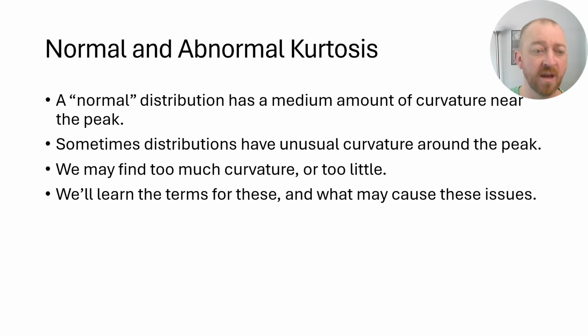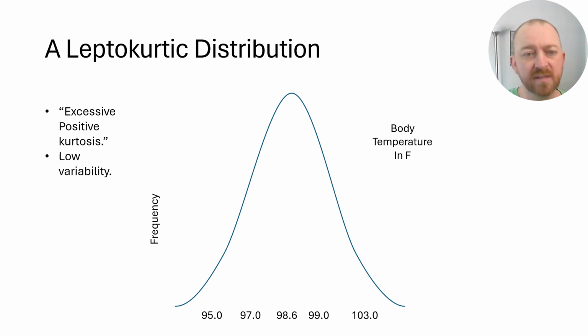First, let's look at an overly curved distribution. This is a distribution with too much curvature in the peak, or excessive curvature in the peak, we might say. So it's sometimes referred to as excessive positive kurtosis. You would see something like this and say, wow, that's very curved. It has excessive positive kurtosis, meaning it's overly curved.